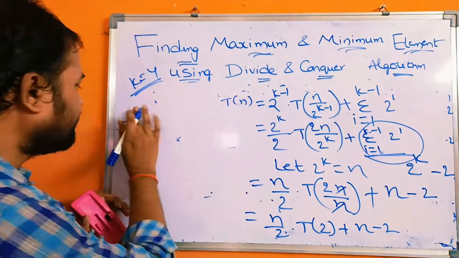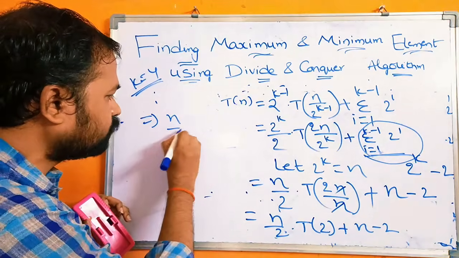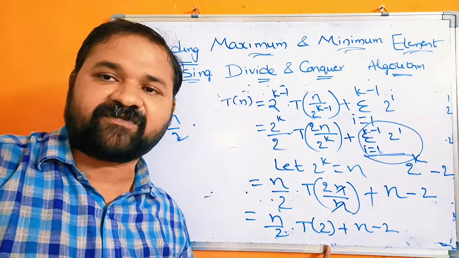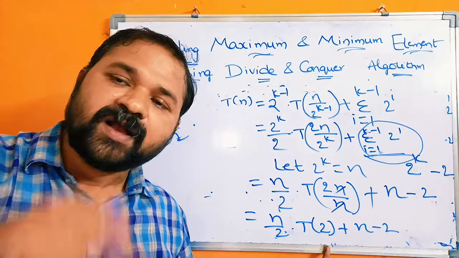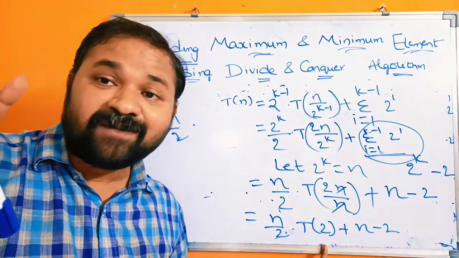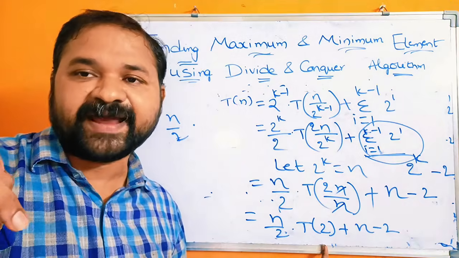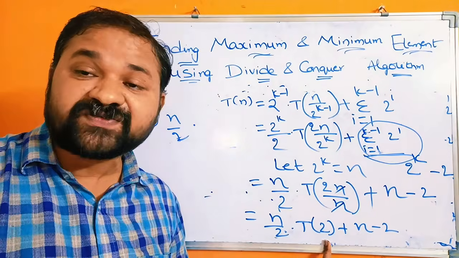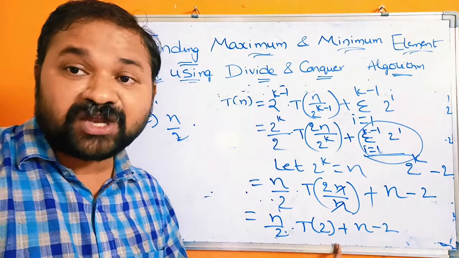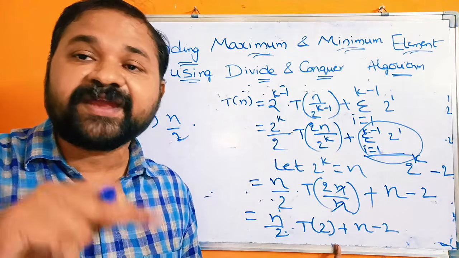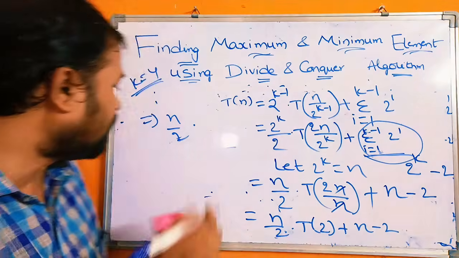If we have only one element, then zero comparisons are required, because that element will become the biggest and smallest element. Whereas if we have two elements, then we require one comparison. So T of 2 means what? 1. If there are two elements present in the list, then we require one comparison in order to find the biggest and smallest element. So T of 2 means 1.